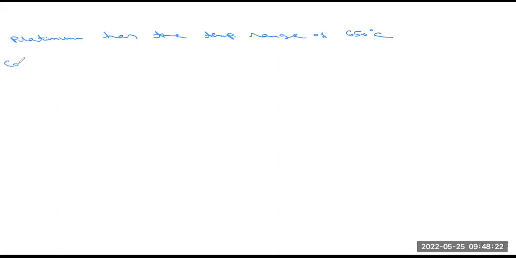Whereas copper and nickel have temperature ranges of 120 degrees Celsius and 300 degrees Celsius. So copper you use up to 120 degrees Celsius, and nickel you use up to 300 degrees Celsius. Please remember these two points. One MCQ question comes from this part also. Okay. Up to this part it is okay.